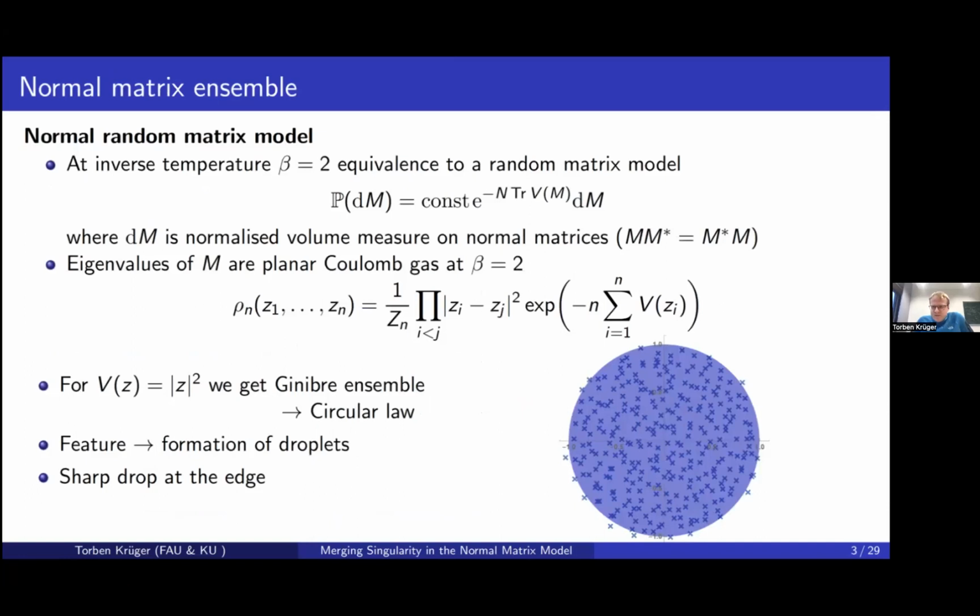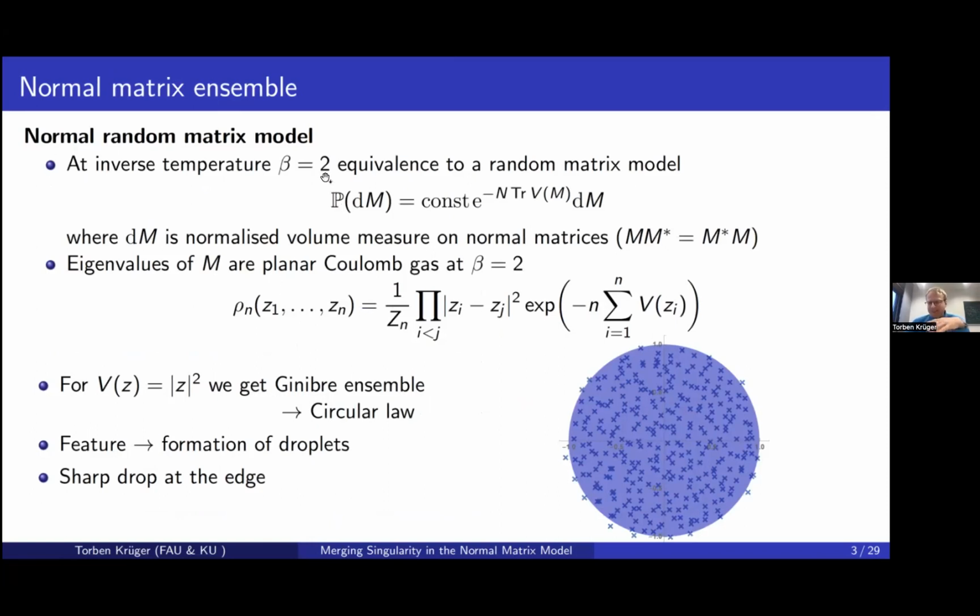So in the special case when beta is equal to 2, which is the case that I will always talk about in the following, this is equivalent to looking at eigenvalues of a so-called normal random matrix model.